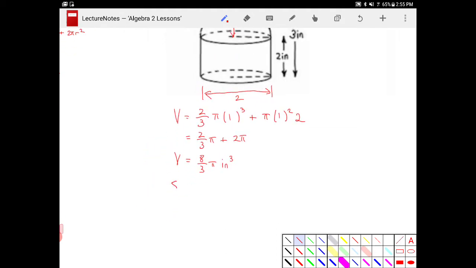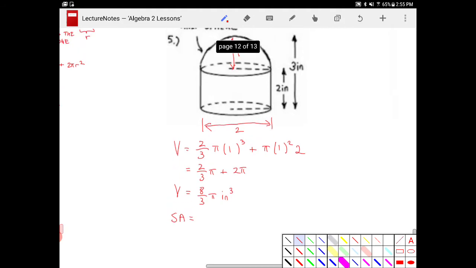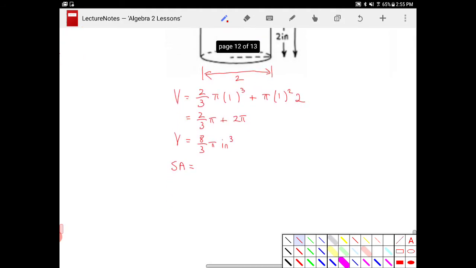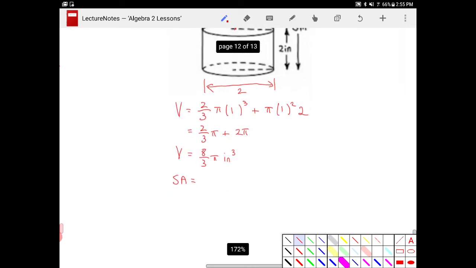Surface area will be the area of the hemisphere. So since the full area of a sphere is 4 pi r squared, half of that will be 2 pi r squared.